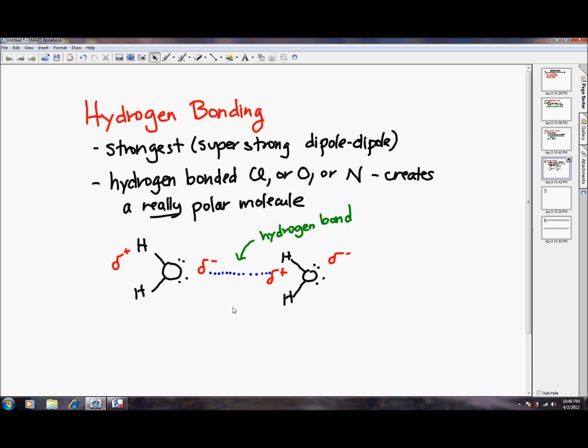If it's nonpolar, it will also experience London dispersion forces. If it's a polar molecule, it could be dipole-dipole. But you need to look at your molecule again and say, is there a hydrogen bonded to Cl, O, or N? If it is, then it's not dipole-dipole. It's a really, really strong hydrogen bond.